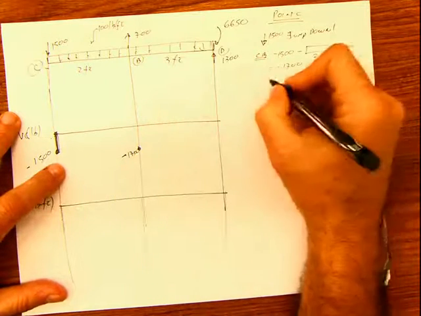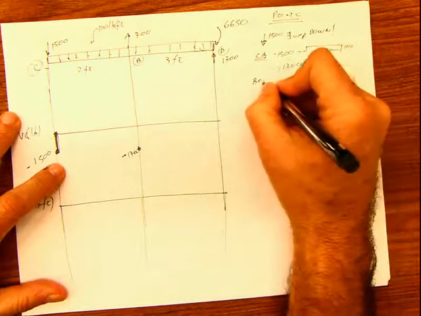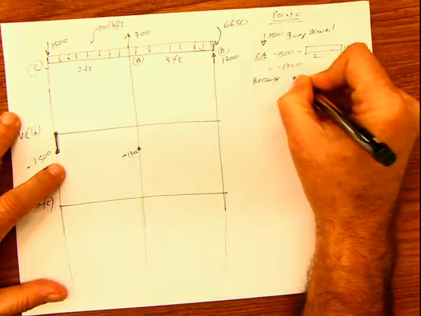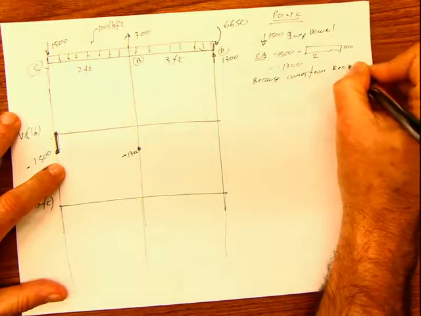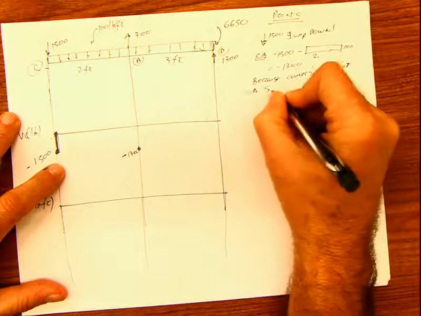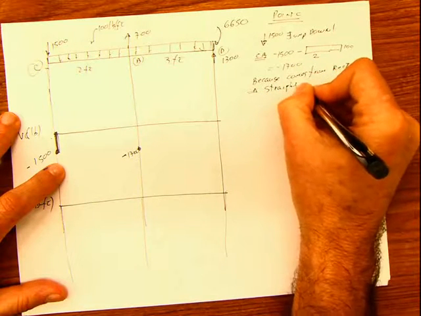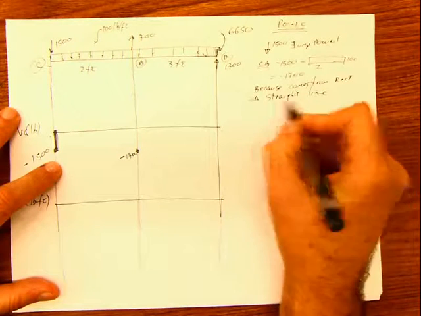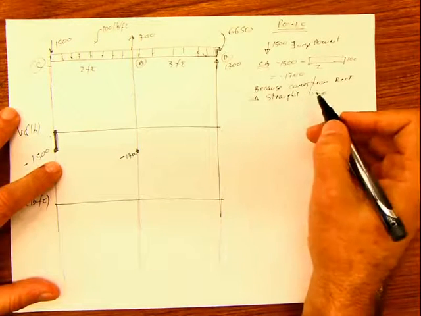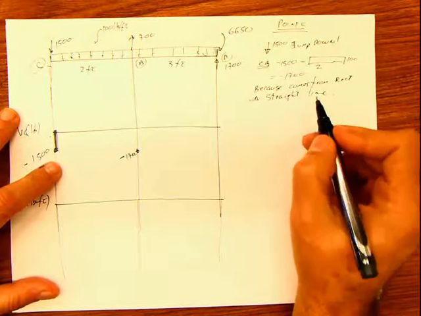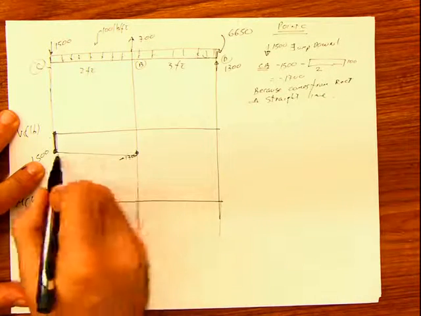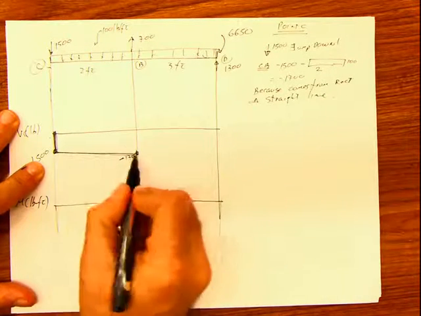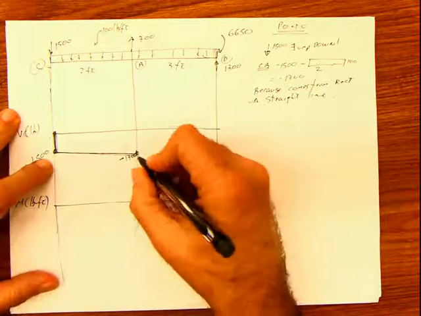Because this comes from a rectangle, it is a straight line. I'm not writing this just because I like to write stuff, guys. I'm writing this because I want you to do the same thing in the test in case you're using this. So this is a straight line here, 1700.